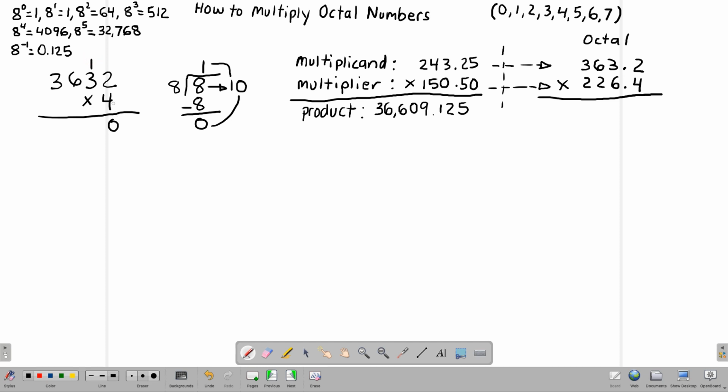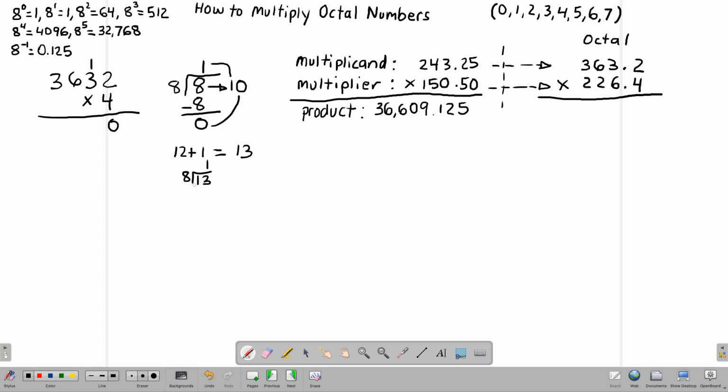So we have 3 times 4 is 12 is our next computation. So we have 12, and then we have to add the 1, which would give us a value of 13. So we have to convert that into octal. So we say 8 goes into 13, and 8 goes into 13 one time.